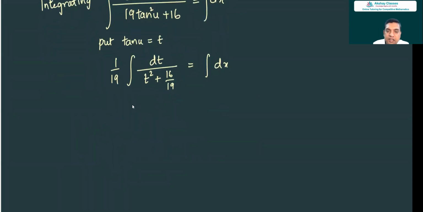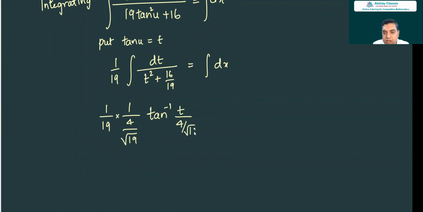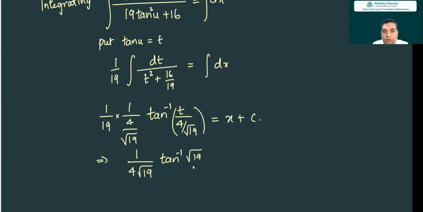So this is of the form 1 by a tan inverse x by a. That form we'll get. So you get 1 by 4 root 19 tan inverse root 19 by 4 t. You have to substitute t as tan u.